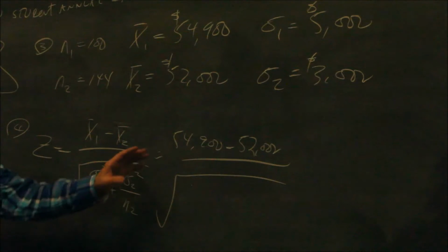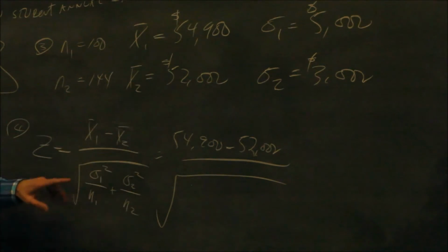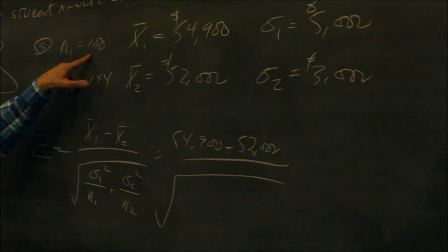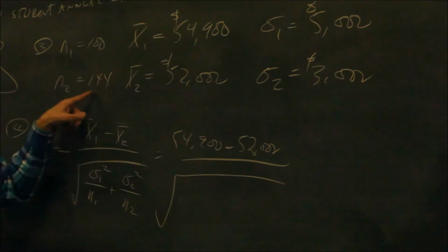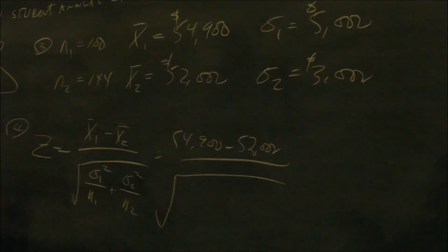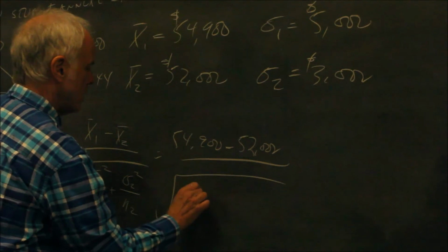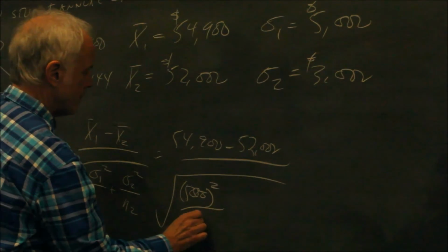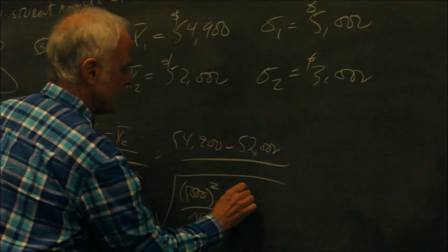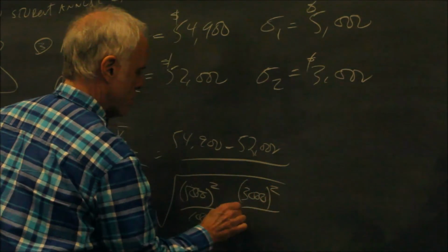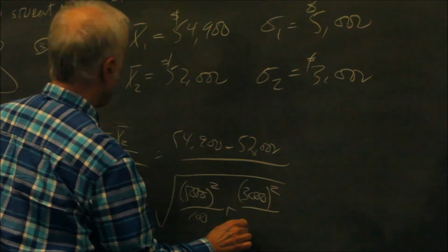See, that's why I say you got to make sure you know what's 1 and 2, because you're going to take the 5,000 and divide it by 100. Whereas if you took the 5,000 and divided by the 144, it would be wrong. Okay, so it's 5,000 squared over 100 plus 3,000 squared over 144.